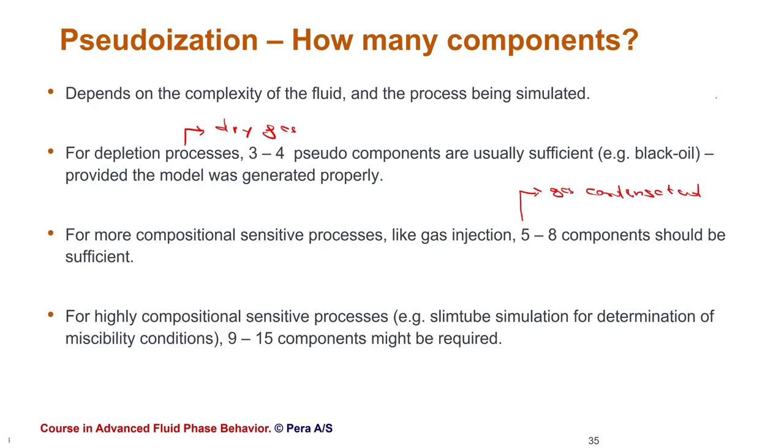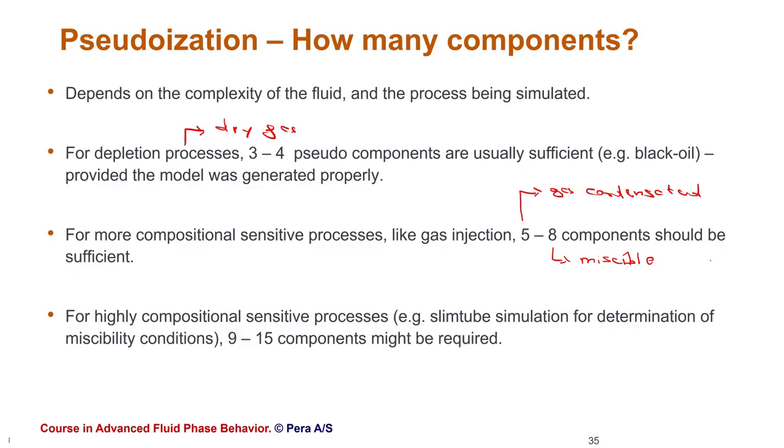So we typically use 8 components in our models to represent the interactions between the CO2 injection stream and the oil in the reservoir. Okay, so 8, I would say, is recommended for miscible processes.